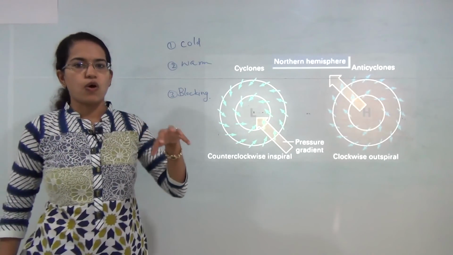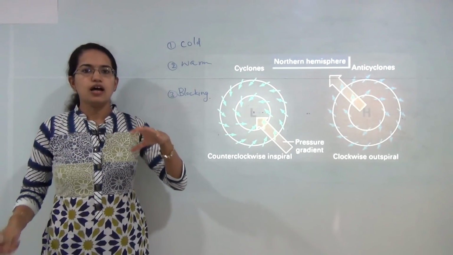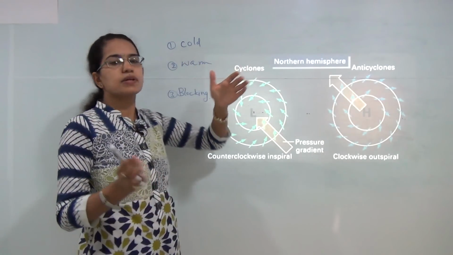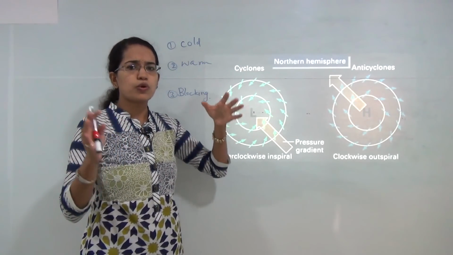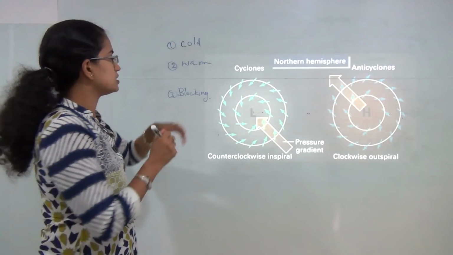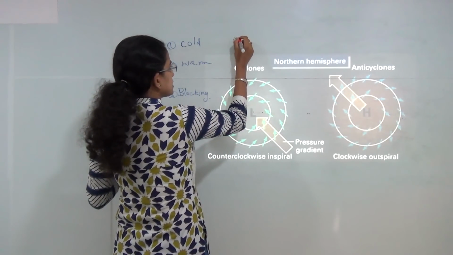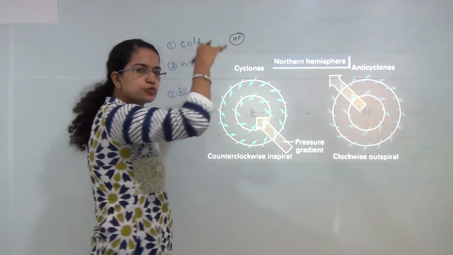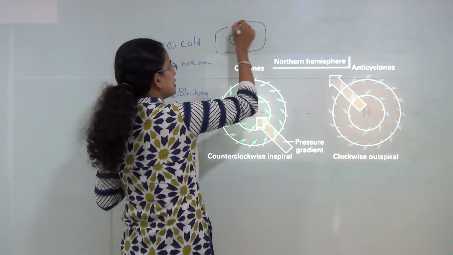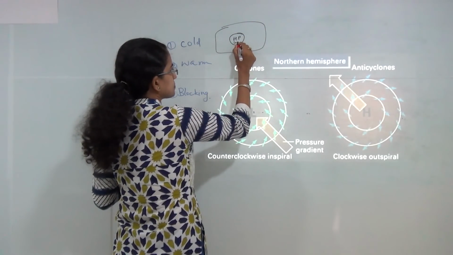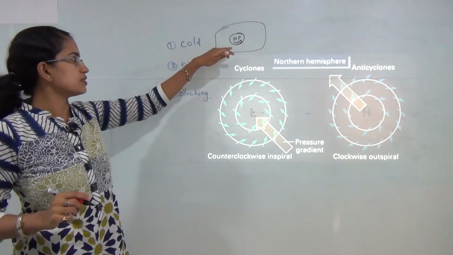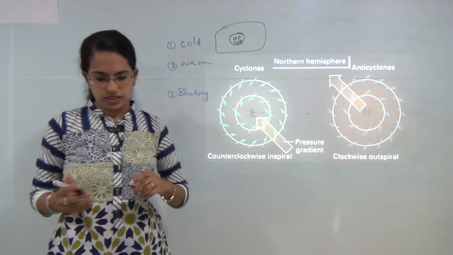Cold stands for a high pressure area which is created by a cold region which is considerably colder as compared to the surrounding areas. So it's much colder than the surrounding region, and this would lead to a cold anticyclonic condition.